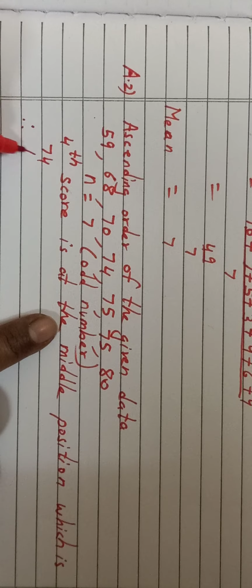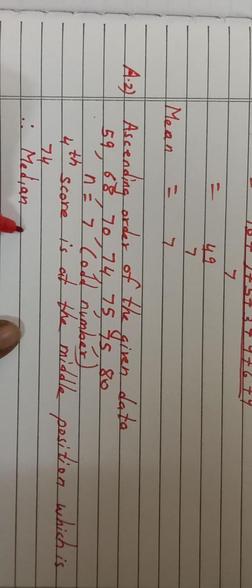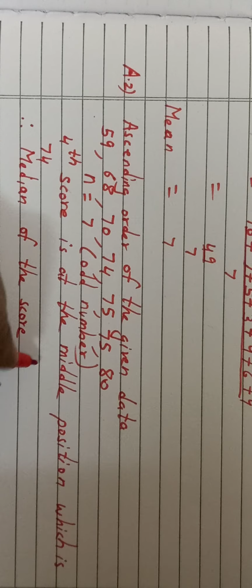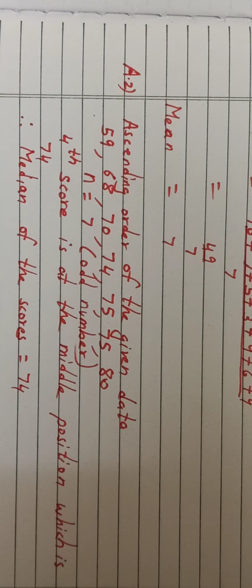Therefore, the median of the scores is equal to 74. So this way you have to find the median.